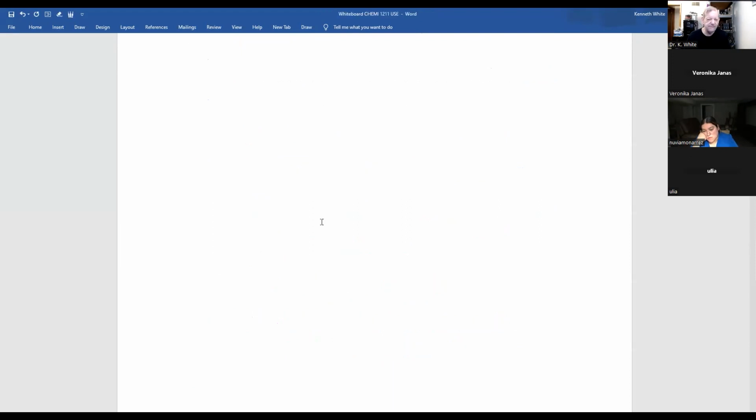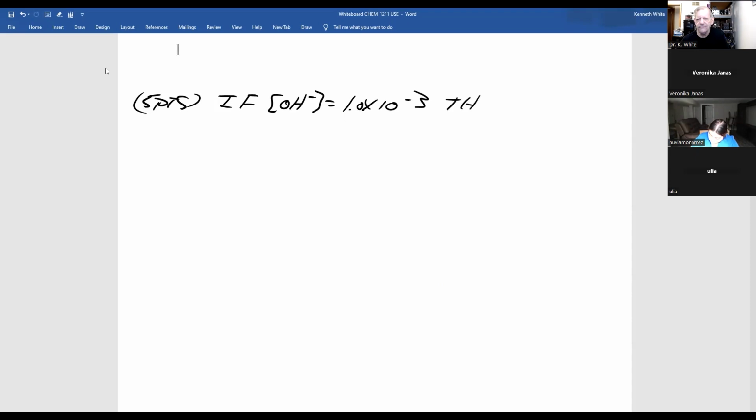Let's look at how we can use that. If the hydroxide concentration, remember brackets in a chemical formula mean concentration, is 1.0 times 10 to the minus 3, then what is the hydronium ion, H3O+, concentration?